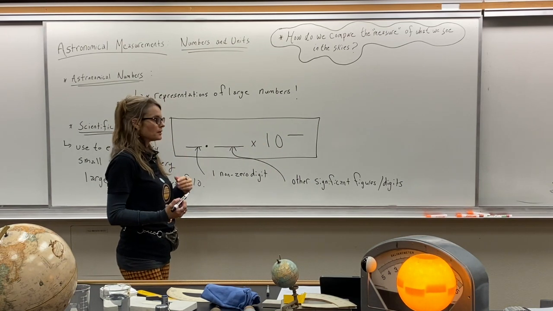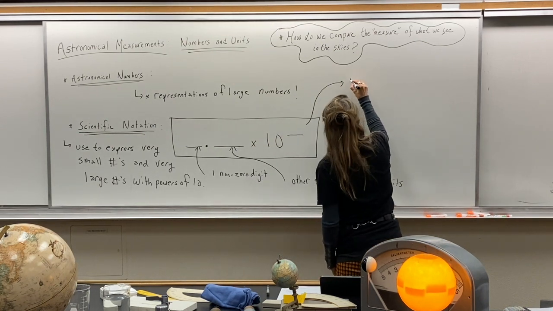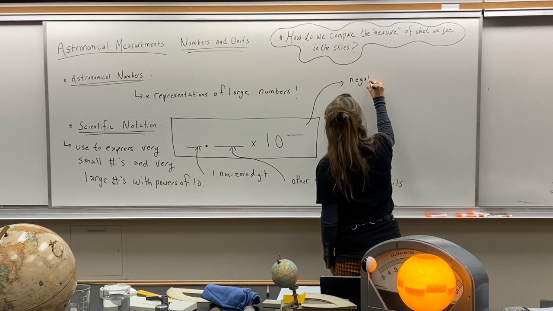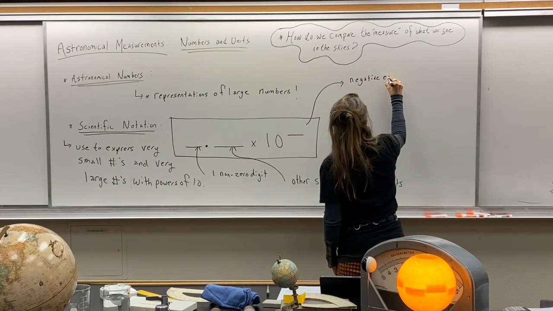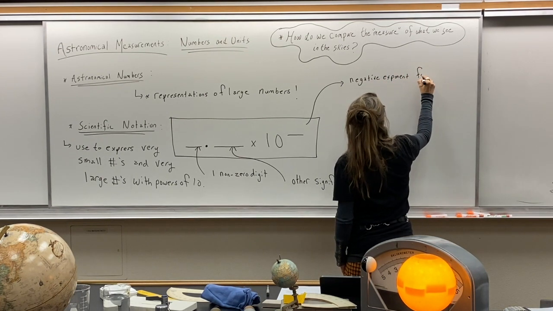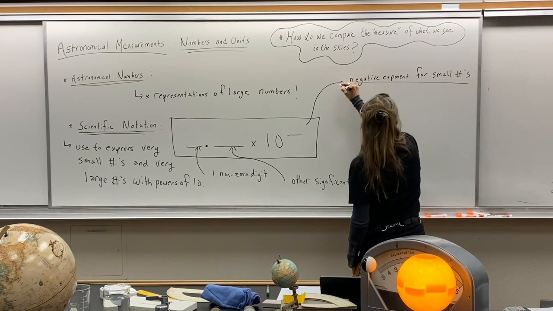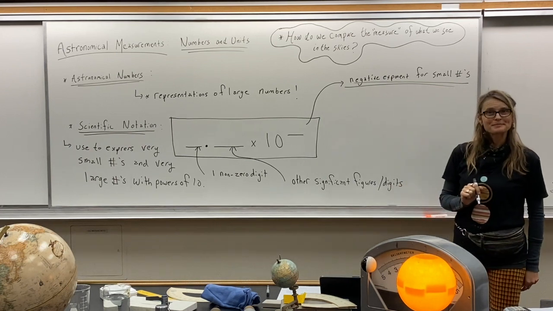So for very small numbers, we'll say times 10 to the negative. So this will be a negative exponent for small numbers, okay?